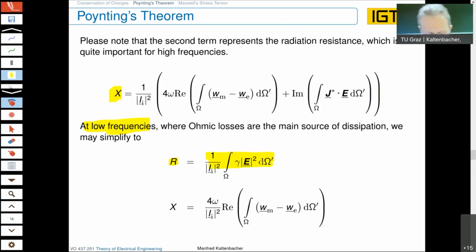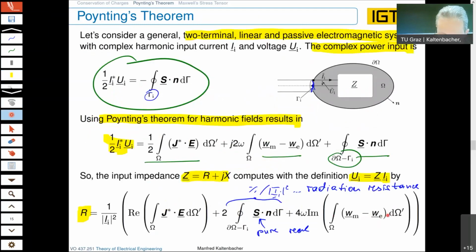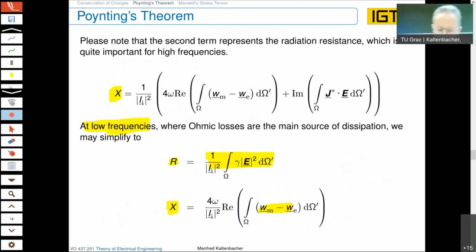We just have the ohmic part, and for X, then we just have the balance between the magnetic energy and the electric energy. So you see that we neglect any imaginary part we could have here, and we neglect here clearly this part as well as the radiation. That is something which is really just coming up if you have higher frequencies. So this would be the approximation, and with this we get the ohmic losses.